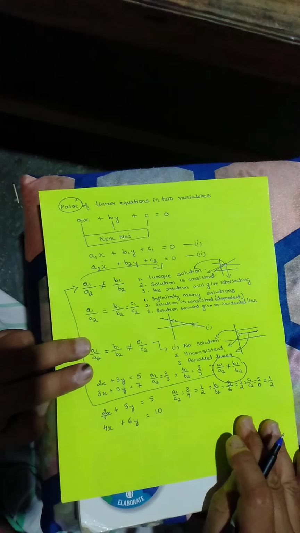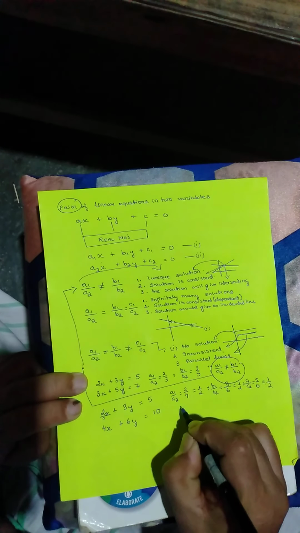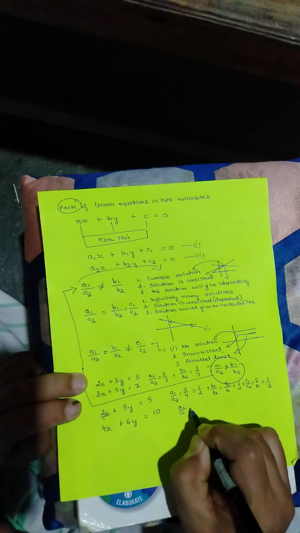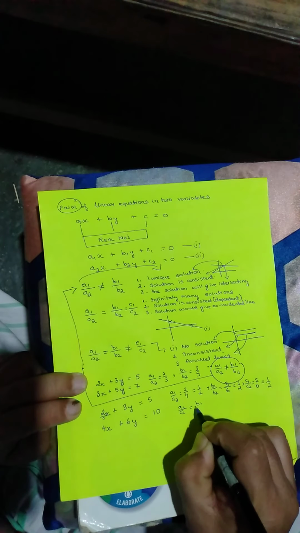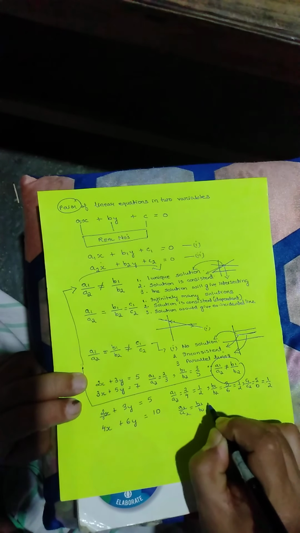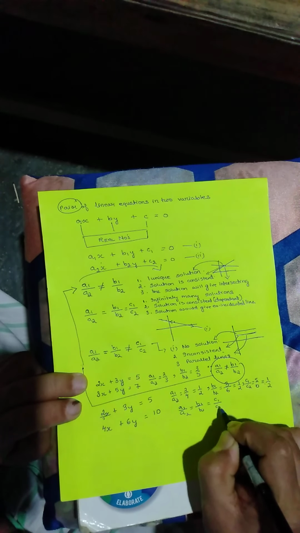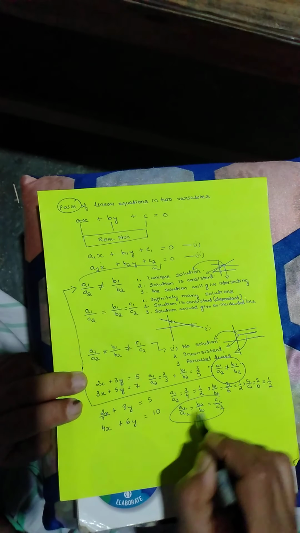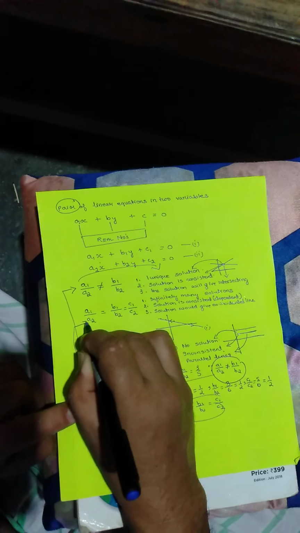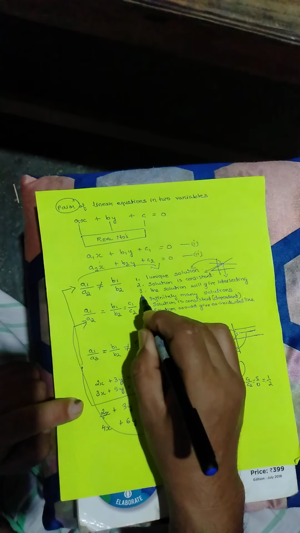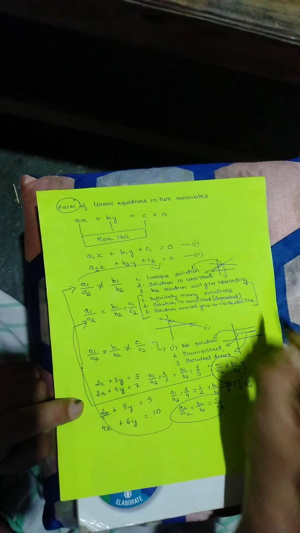Clearly you can see here that a1 upon a2 is equal to b1 upon b2 is equal to c1 upon c2. This is the second condition, which means that you will have these results.